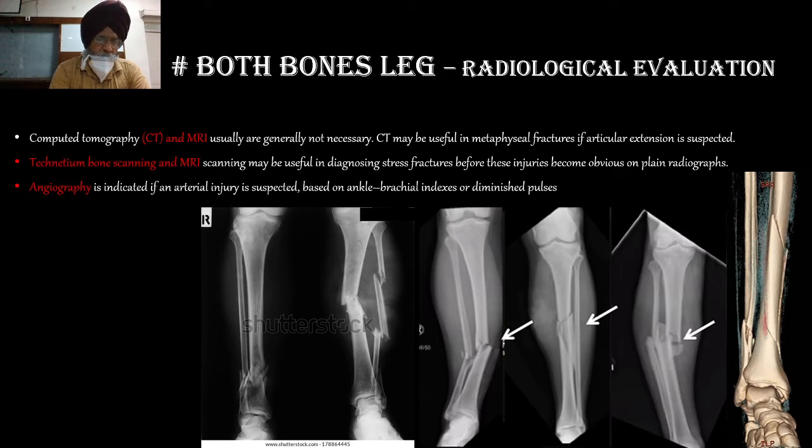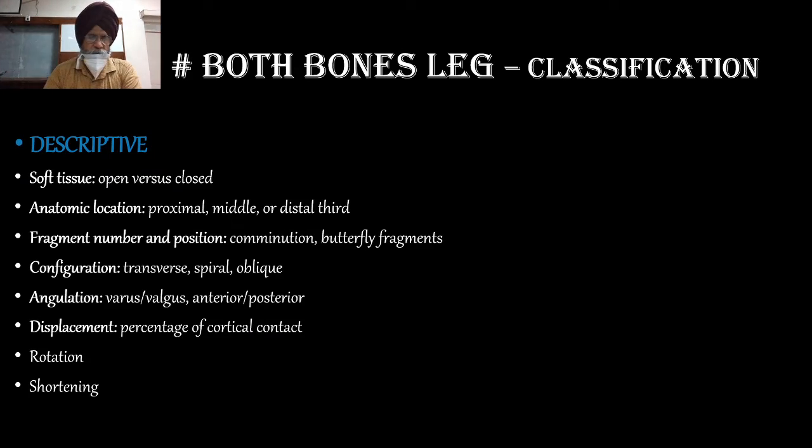Technetium bone scanning and MRI may be useful in diagnosing stress fractures before these injuries become obvious on plain radiograph. Angiography is indicated if an arterial injury is suspected based on ankle or brachial indexes or diminished pulses.